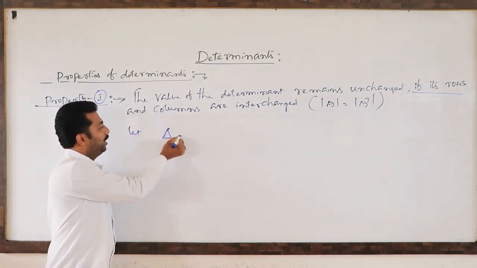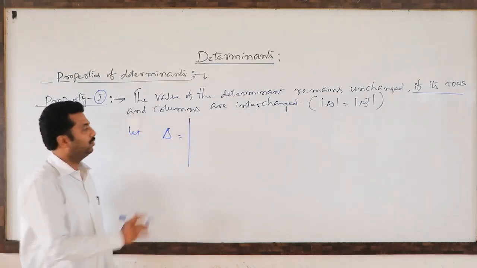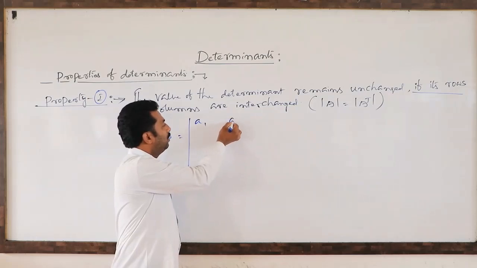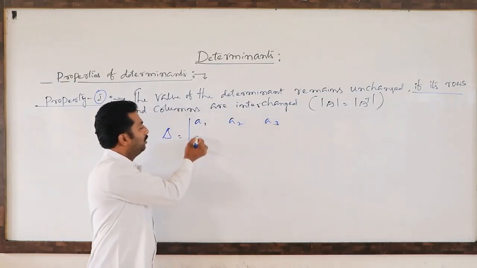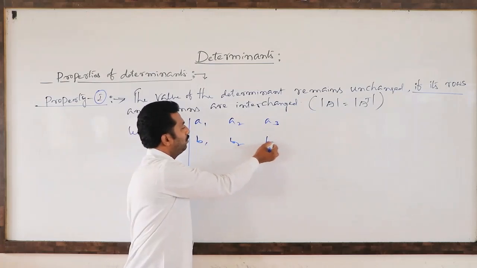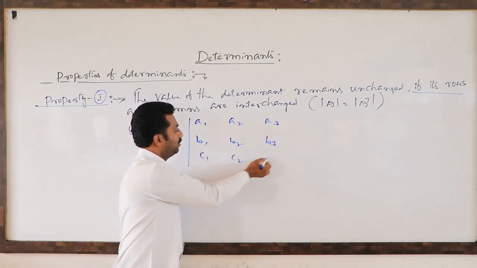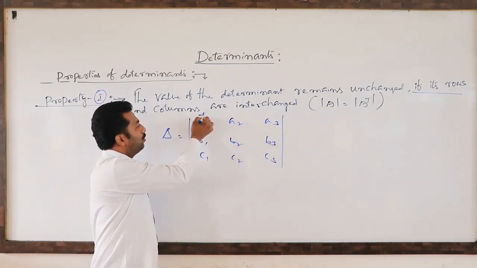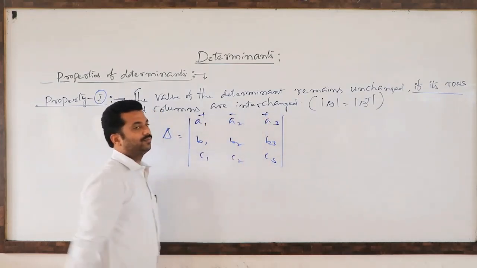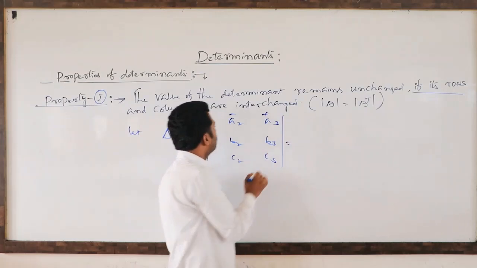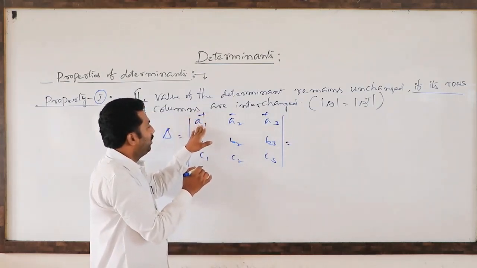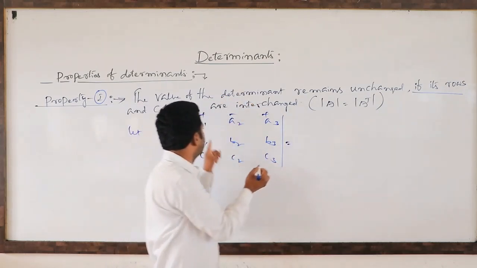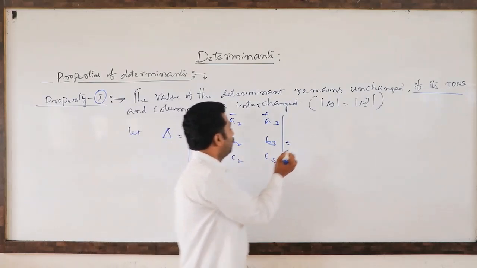Just observe. Let delta be equal to, you have to assume one determinant: A1, A2, A3, B1, B2, B3, C1, C2, C3. Now we are expanding along the first row, plus, minus, plus. You select this element, and the corresponding column and corresponding row we have to close. Last class we discussed how to expand a determinant, that is important.